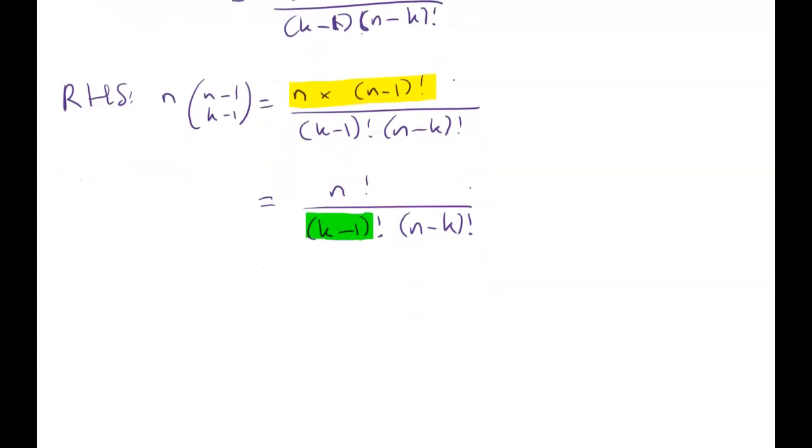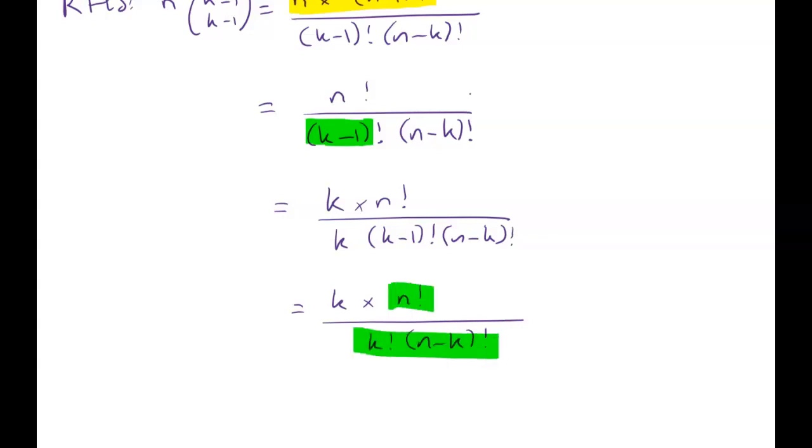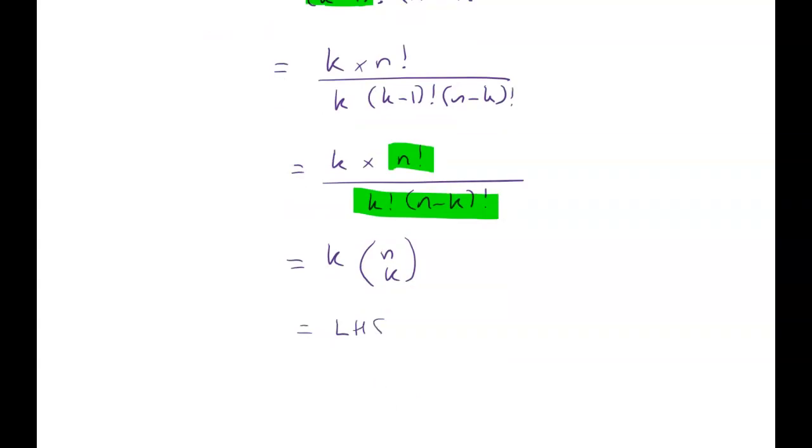So to have k factorial instead of k minus 1 factorial, we can multiply the top and bottom by k, which leaves me with k times n factorial over k factorial, times all of that. And then all of this is equal to k times n choose k, which is equal to the left-hand side as required.